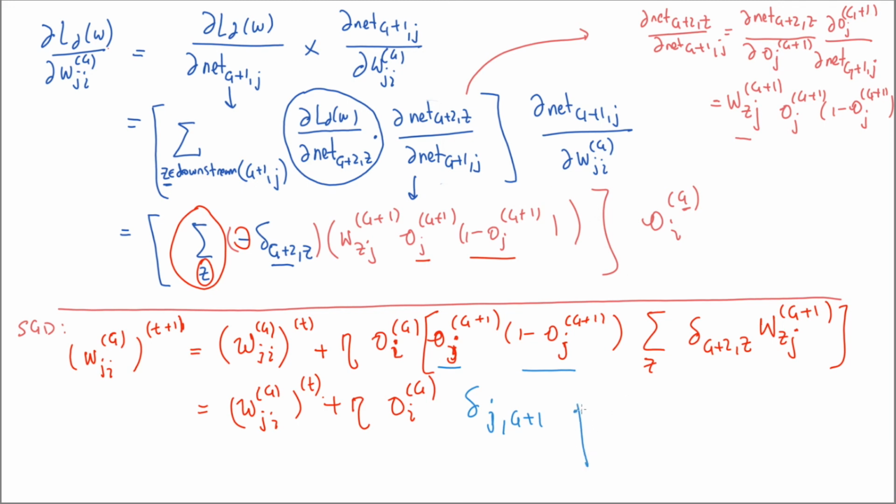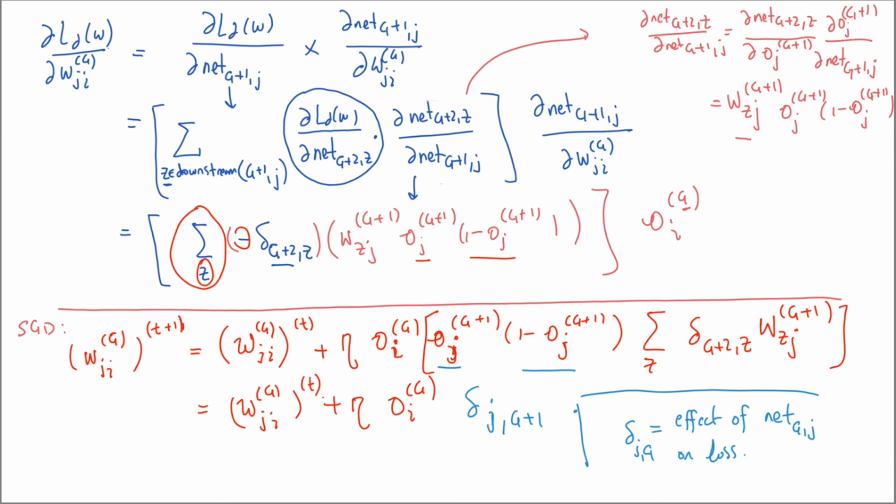So delta_j^g is the effect of net_j^g on the loss.